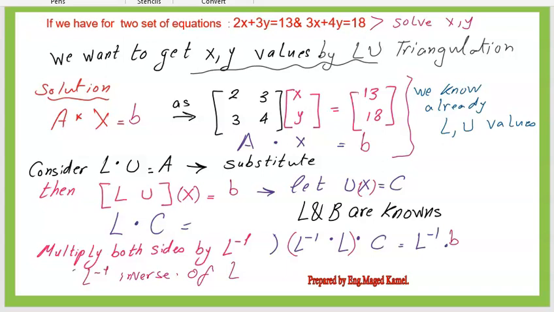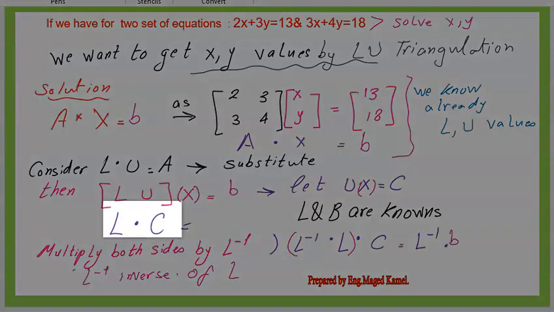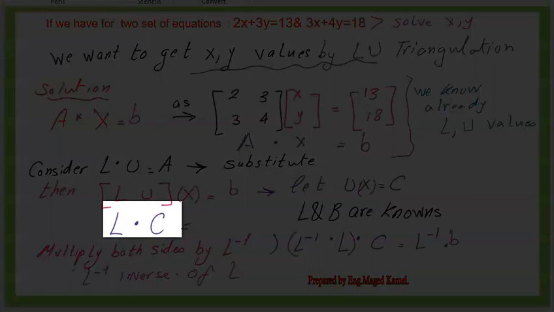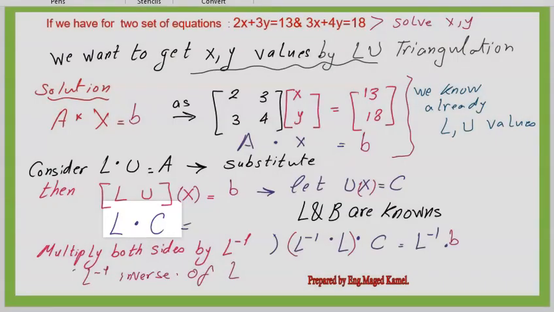We will take U multiplied by X and call it C. So at the end we have the lower matrix L multiplied by C equal to B. We need to estimate the value of C because we know already the value of L and the value of B, and then we can come back to get the value of the unknowns x and y.